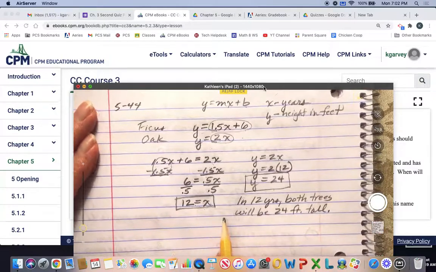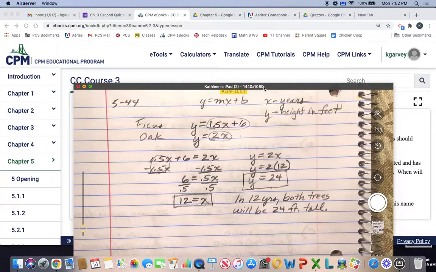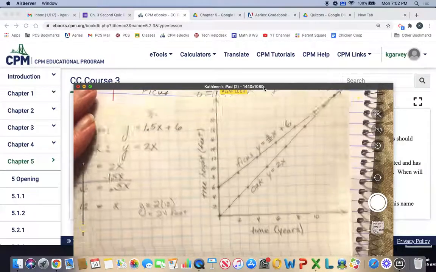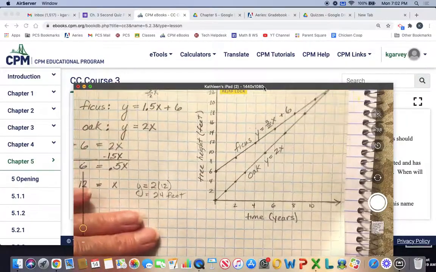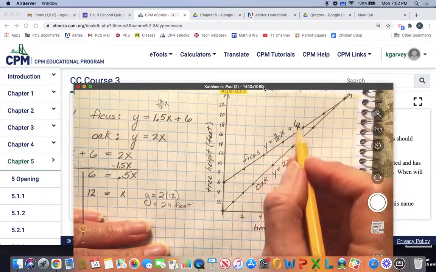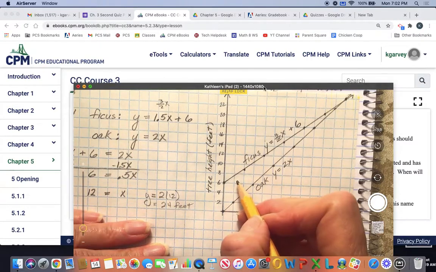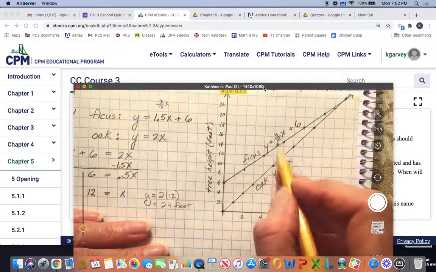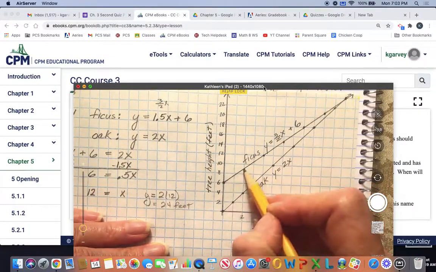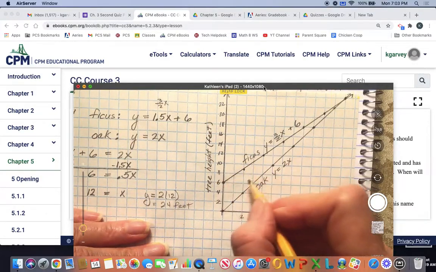Okay, and we found that out algebraically. So now they would like us to graph, and I actually already have the graph created, so I'm just going to show you. So if we graph the ficus, it looks like this. So we started out at 6 feet, and then we grew by 1.5, or 3 over 2 is the fractional way of doing it. So for every 2 feet, we went up 3.